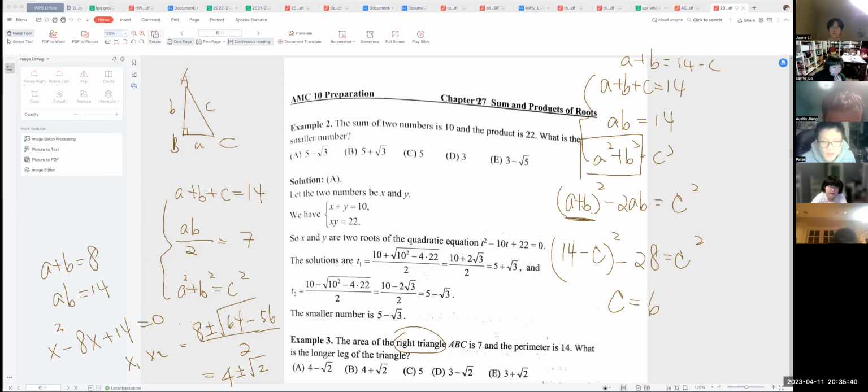Correct? So what is the longer leg of the triangle? Of course, B. Get it, everybody?